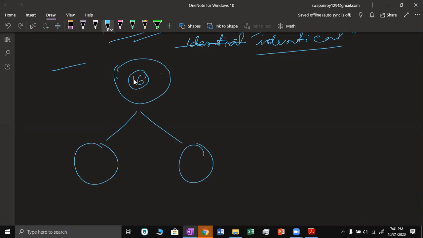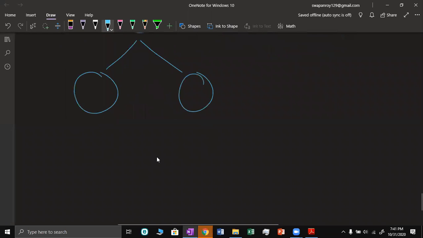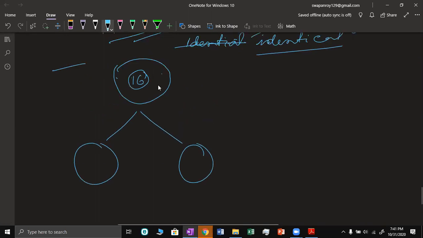It is not that 50-50 will be given to them, because this mother cell before division increases the DNA, and the chromosomes divide in such a way that their chromosome number also will be the same.